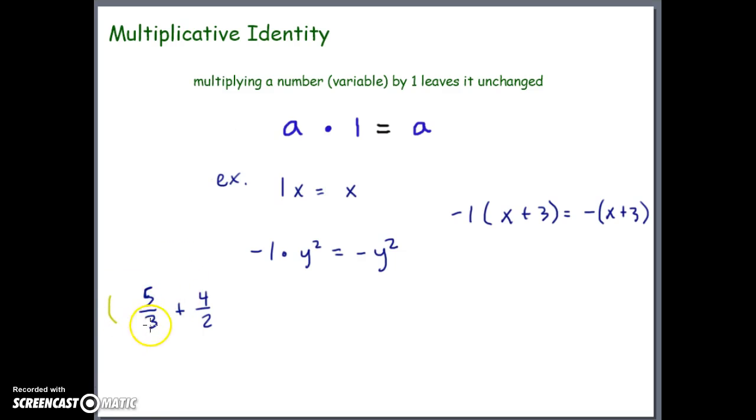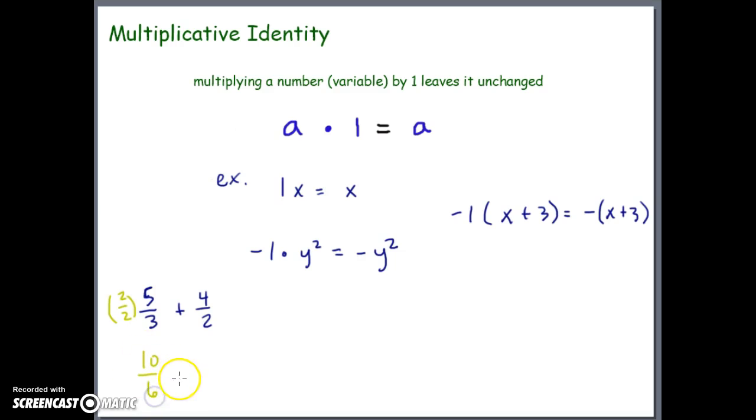The common denominator here would be 6, so we need to get 6 in the denominator. We would multiply this 5/3 by a 2 over 2, and you know that 2 divided by 2, or anything divided by itself, is actually 1. So we're actually multiplying this fraction by 1. We're not changing the value of 5/3, we're just changing the way that it appears.